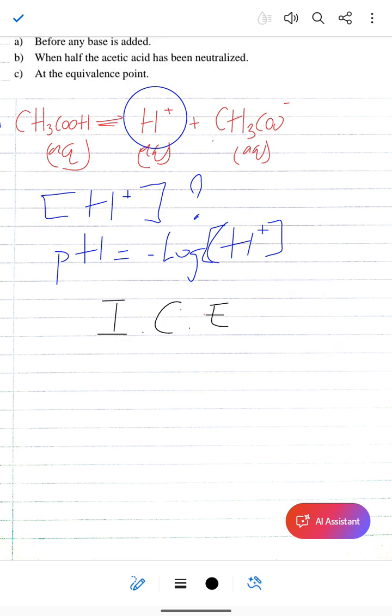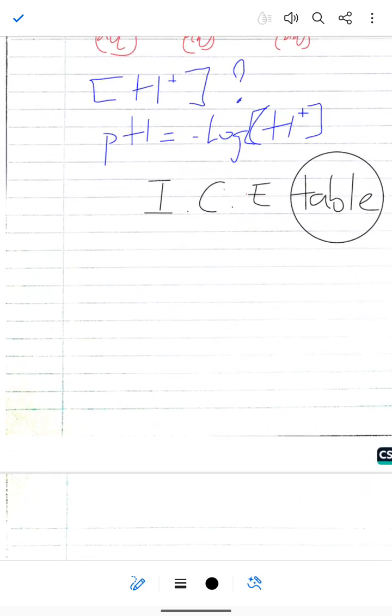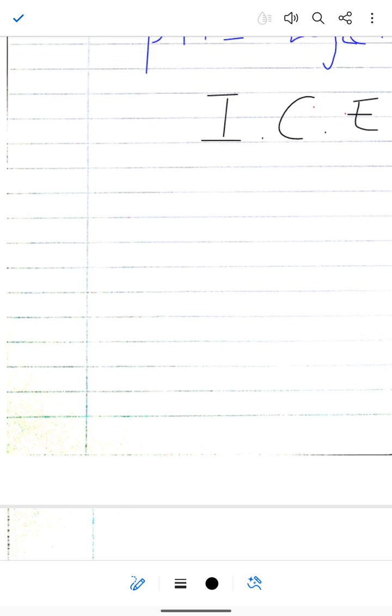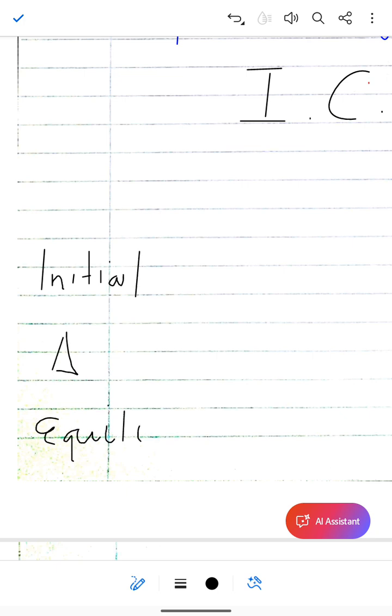In the ICE table, what I need is simply initial, and then change, and then equilibrium. So this is what I need.